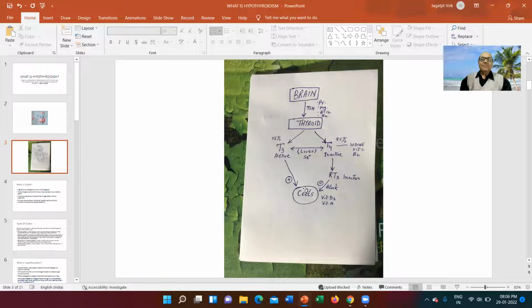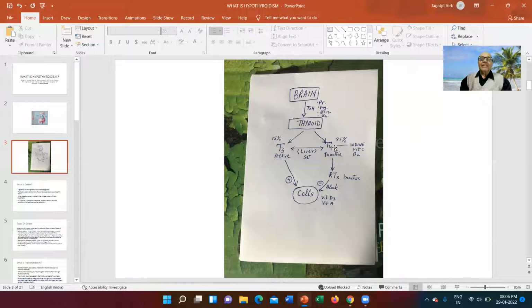And on the other hand, T4 is inactive and it requires iodine, vitamin C, and B2 to produce these T3 and T4. These three elements must be present to give us these T3 and T4.